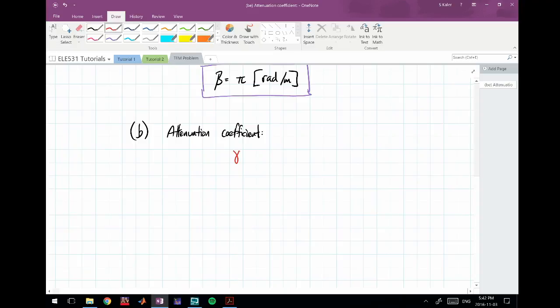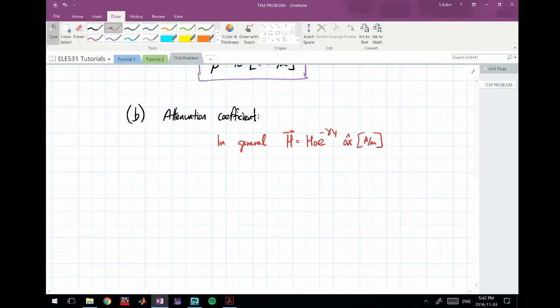In general, we said that the expression is H equals H naught e to the gamma y, or let's say minus gamma y, a_x amps per meter, right? And we defined gamma as alpha plus j beta.